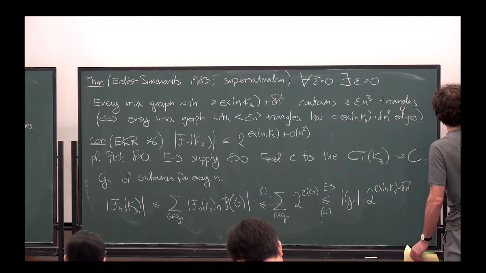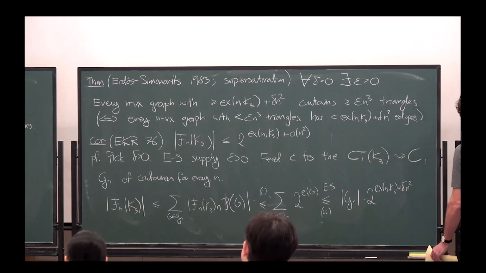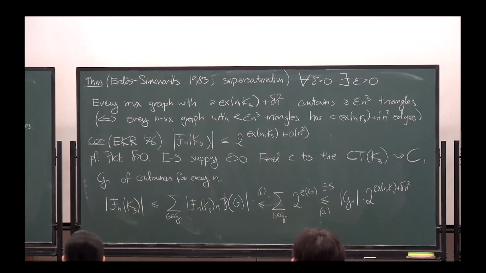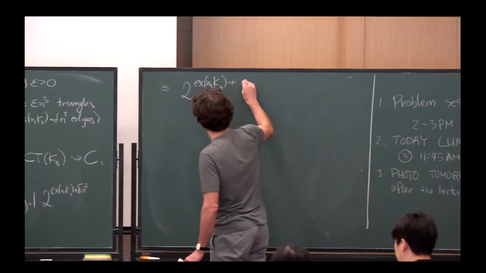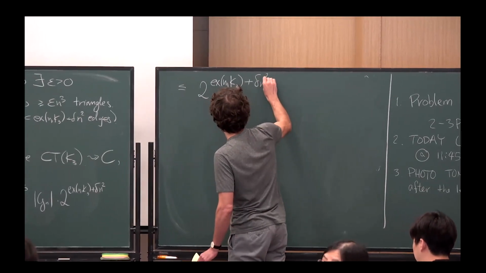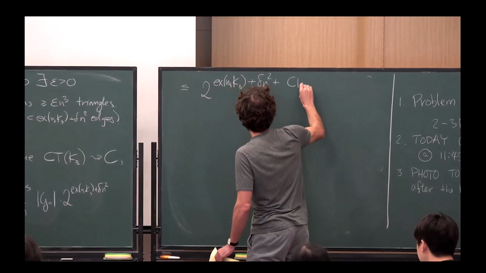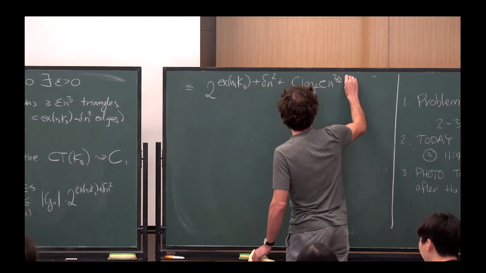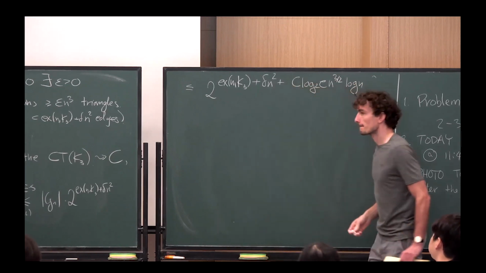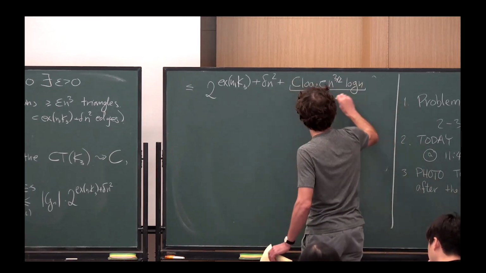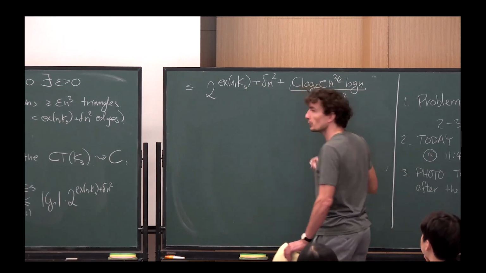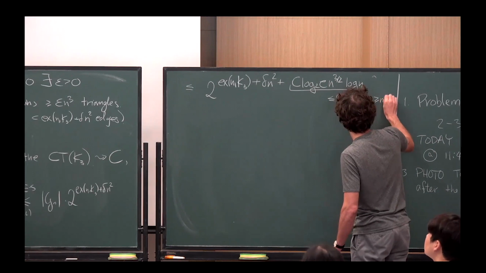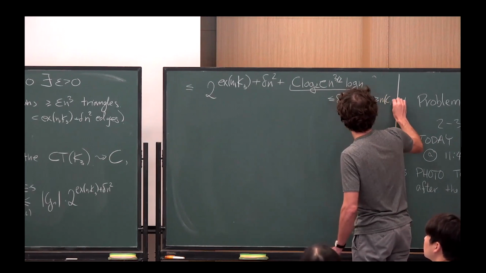So this is at most 2 to the power ex(n, K3) plus delta n squared plus c log base 2 of n to the 3 halves log n. However, this will be at most delta n squared if n is sufficiently large as a function of c and delta.